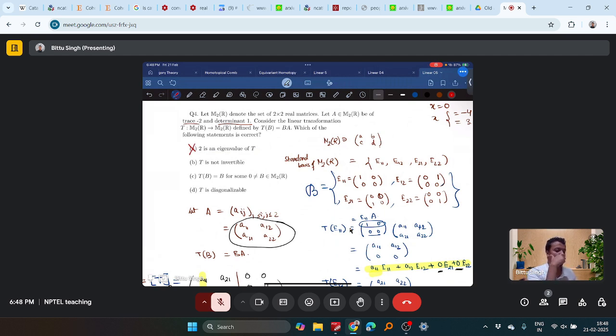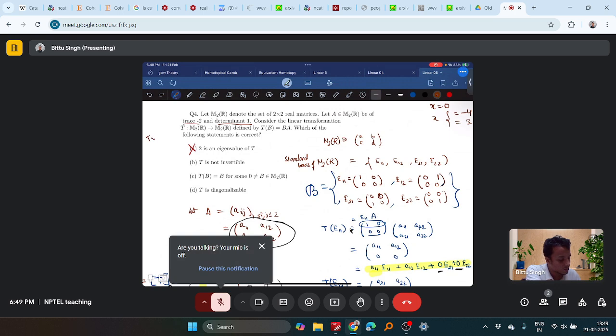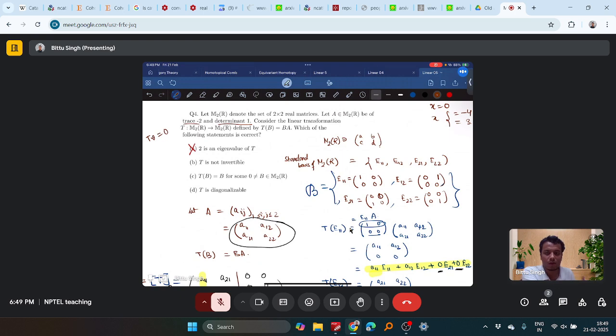Now, t is not invertible. When t is not invertible, this means 0 is an eigenvalue of t. Why? Because t not invertible means there exists some vector v such that t times v is 0.